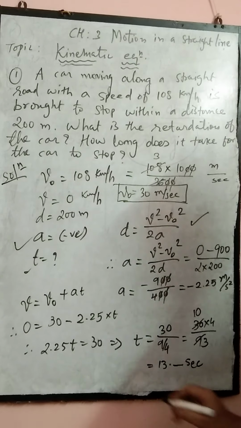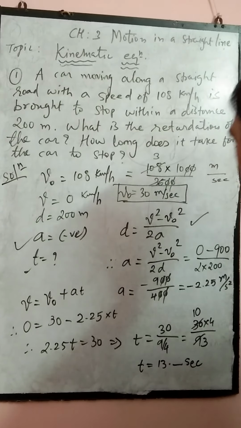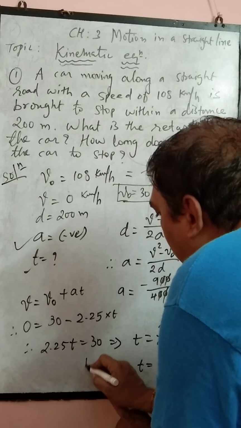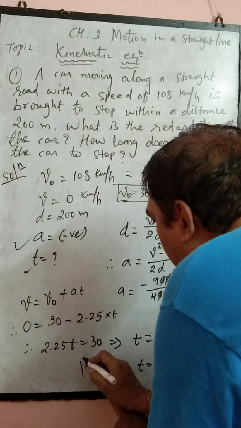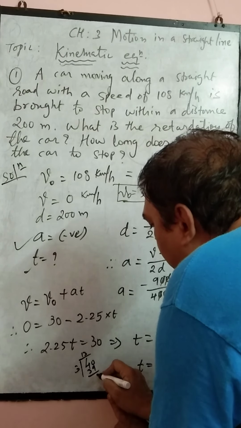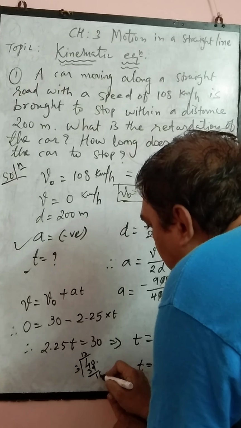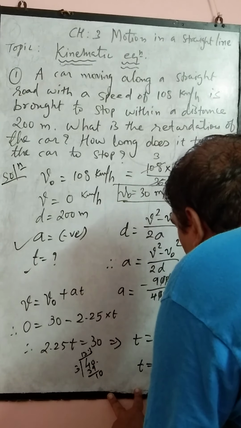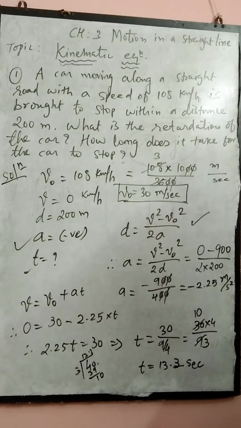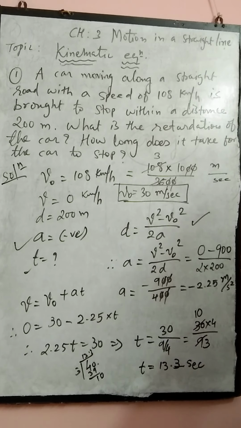Exactly, if you calculate the value of t, 40 divided by 3: 13 3s are 39, remaining 1, 0.33. So 13.3 seconds. Within that, the car comes to steady condition, right? So this is one of the questions based on uniformly accelerated motion, kinematic equations.